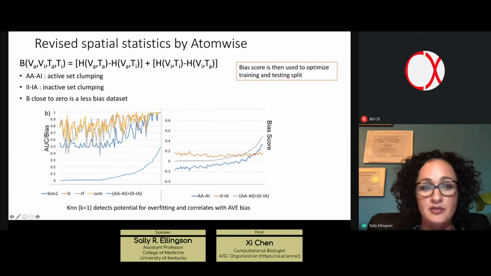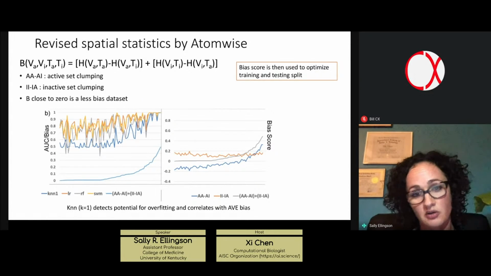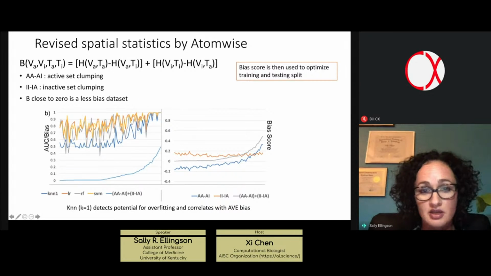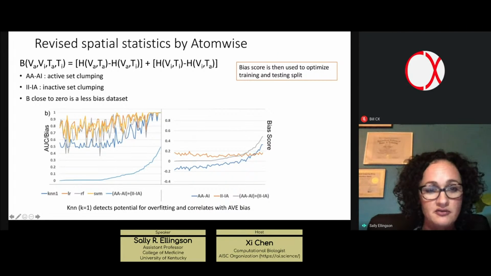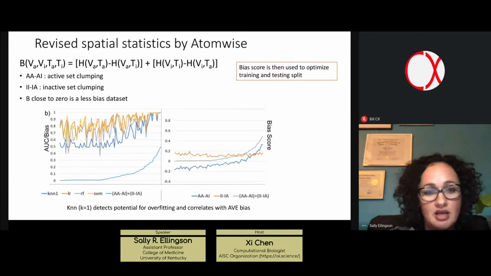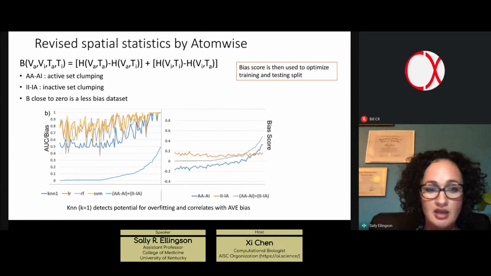And so here's an example of looking at the same benchmark data set that I just showed, after running this to create splits that are optimized using this score for machine learning. What's shown here is the AUC for some standard classification algorithms, and then also the bias score. Some things to note from here is that they use k nearest neighbors with k equals 1 to detect a potential for overfitting.